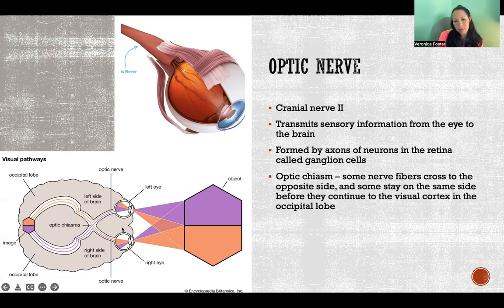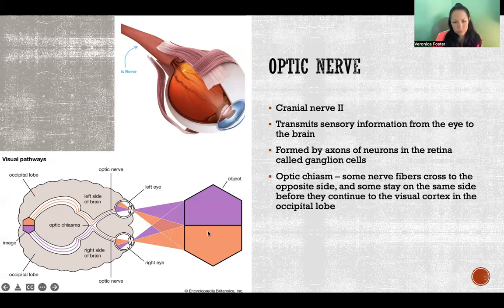So each eyeball, the right side of the eyeball is seeing the left visual field and the left side of the eyeball is seeing the right visual field. Okay, so both eyeballs are collecting data from the whole visual field. But then we separate the left and right visual field so that we have it essentially flip-flopped in the brain, but it's organized by side.